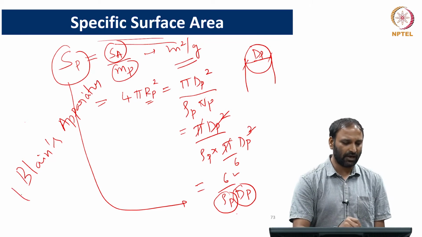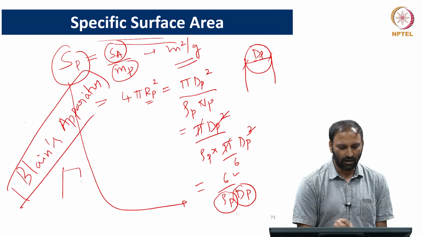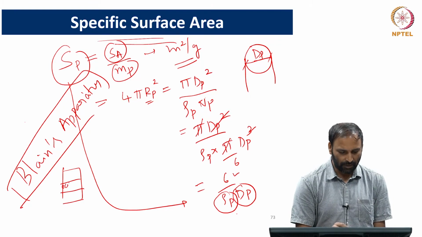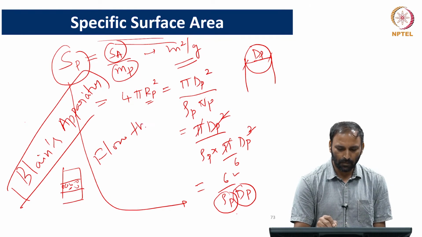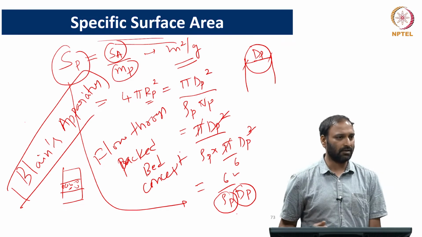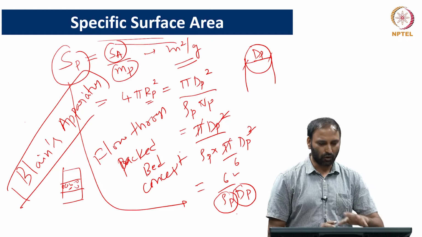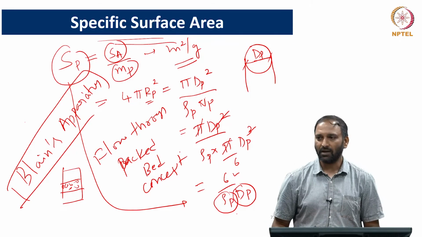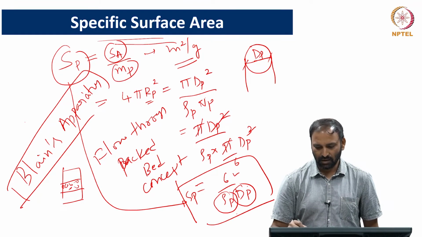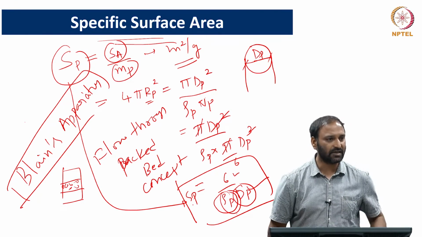In it, what is typically done is you make your particles into a powder, make a bed of particles, and then use the flow through packed bed concept to measure the particle surface area. We are not going to do that, but I think this is one of the simplest ways of measuring the specific surface area. You measure the size of the particle and the density of the particle, and then you get that.